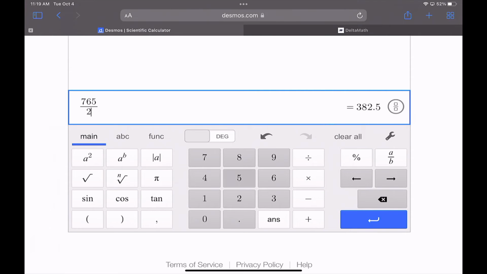Trying things that end in 5, because that's most likely what it's going to be. 25, no. 35, no. 45 and 17. 55, no. 65, no. 75, no. 85, no. Or yes, 85, yes. 85 and 9.